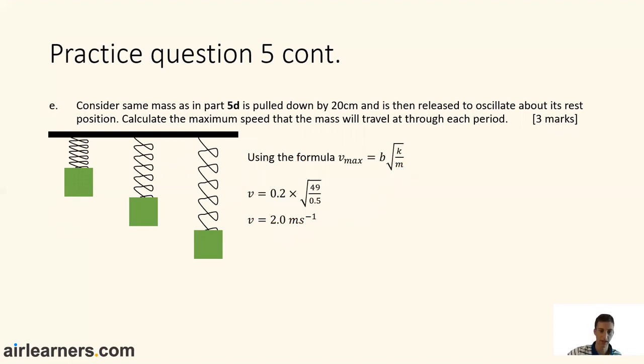So now we can see, the velocity at maximum is going to be b times square root of k on m. B is going to be the difference between the maximum and median points. So that's going to be b there, and that is going to be 20 centimeters, because when it's at rest, it's then pulled down by 20 centimeters, and because all energy is conserved, it's going to travel up 20 centimeters.